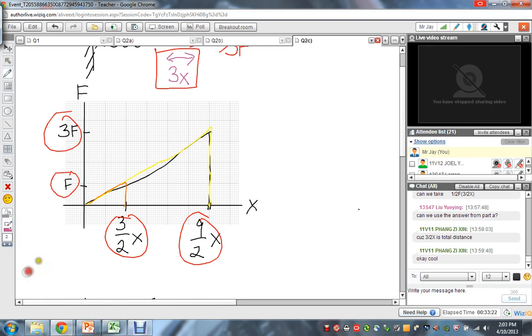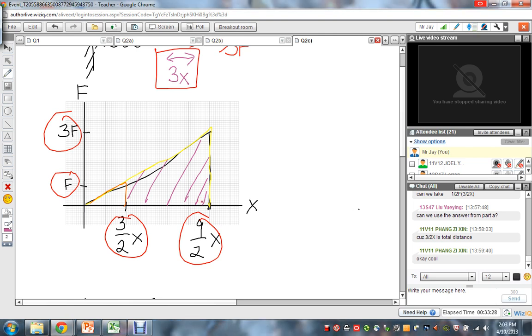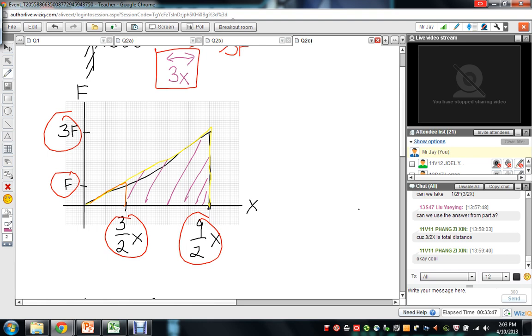That will give me my shaded area, which is the change in EPE stored inside this spring. Is it clear to y'all? Any questions?